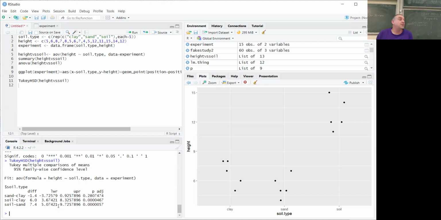My instinct is that if your lecturer wants to do this in their exam, then they will show you this table and ask you to make an interpretation of the result. And the interpretation in this case would be: clay and sand soils do not, on average, affect the height.